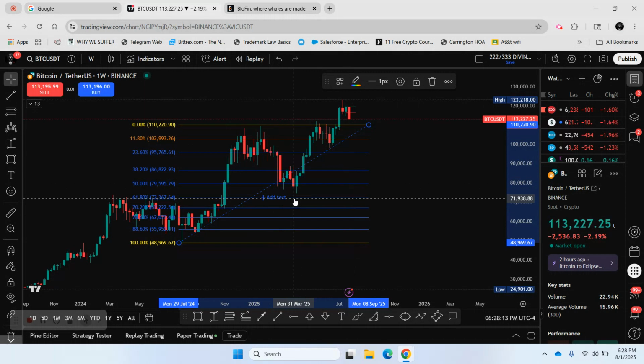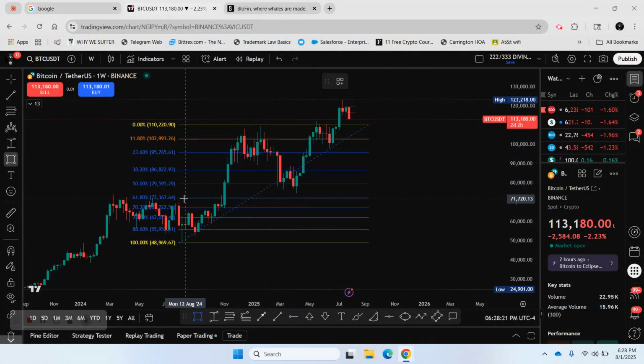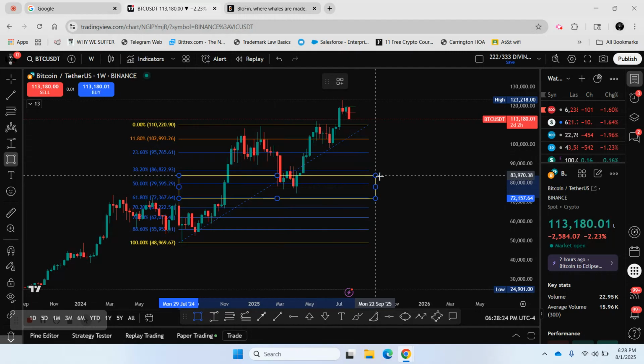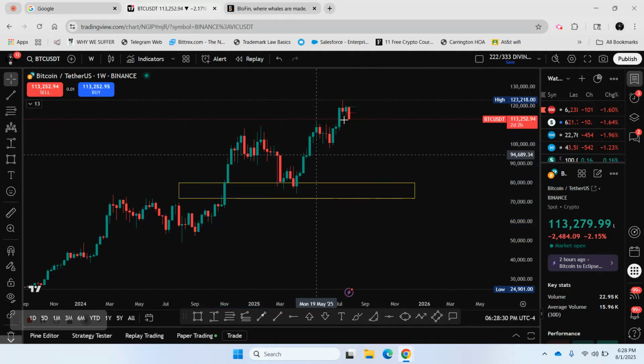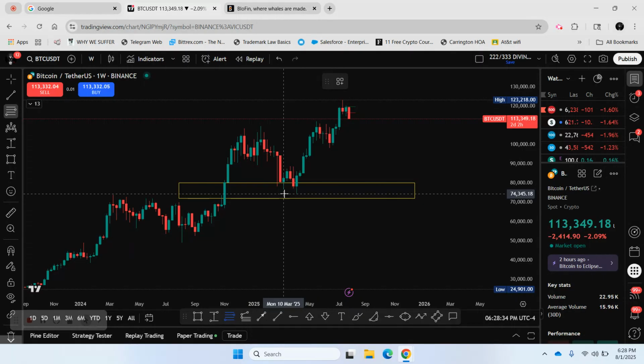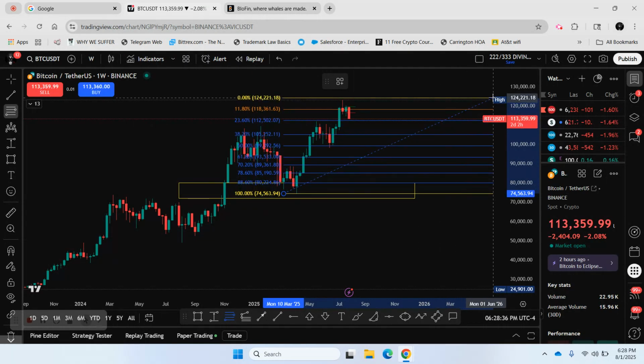So with this strategy, just like I just showed you over here, if 61% is one of the areas we want to get to, it doesn't have to. What you want to do is look at all these as zones. You see I have a big zone right here. It's no different than what it would be if we did the same thing back over here. We don't always want to go to the T because it can just act as a zone.